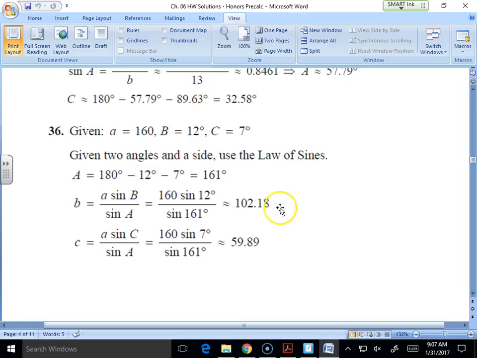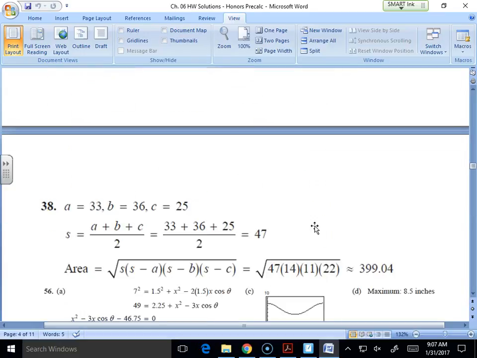So they used law of sines to find the third angle and solve. I think some of these were like, hey, use whatever formula is easier, right? So angle A was 161, side B was 118, side C was 9.9. And once again, they like law of sines because there were 2 angles. Law of sines is always easier to do that.